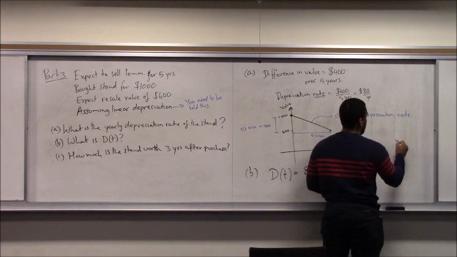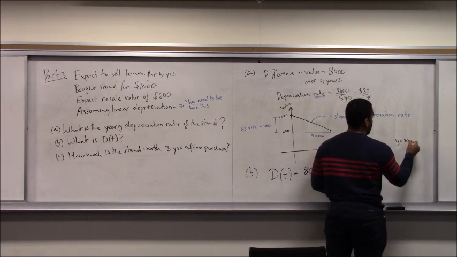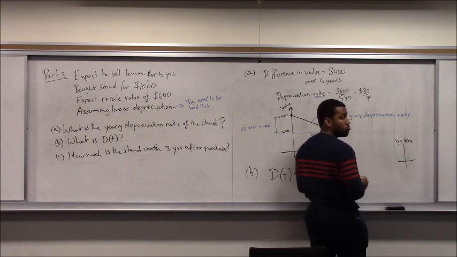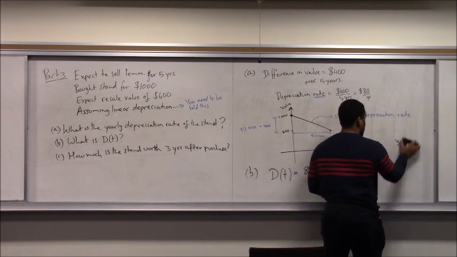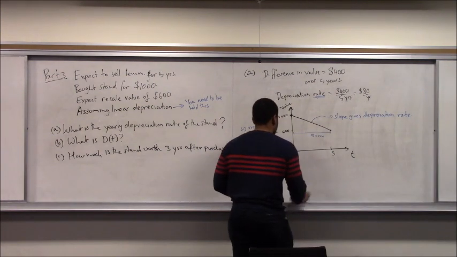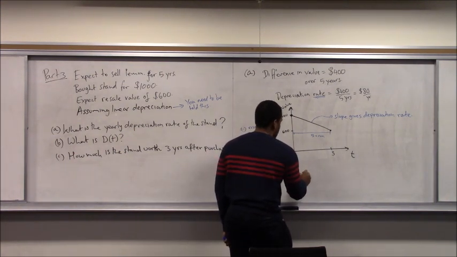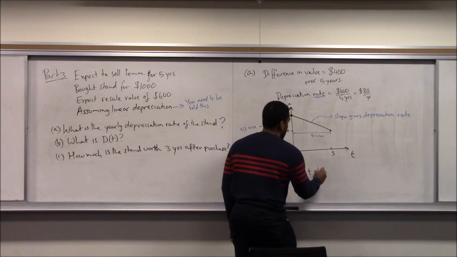So if you were to draw y equals 80x, what would that look like? Negative 80x plus 1,000. Yeah, so remember it's mx plus b, well mt plus b is kind of what you're thinking about.